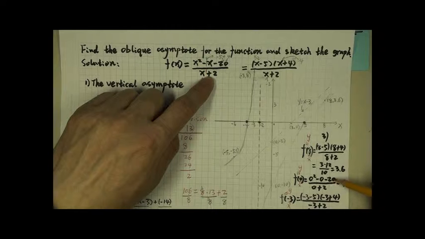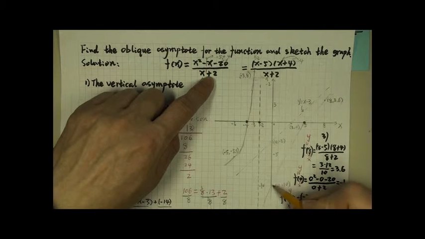Upstairs has negative 20, downstairs is positive 2, so the answer is negative 10. So x is 0, y is negative 10, that's this point.